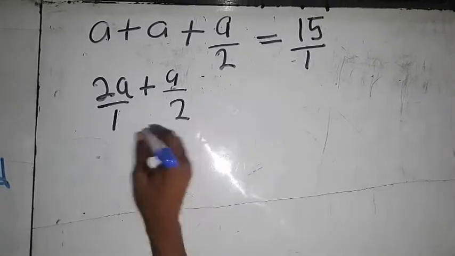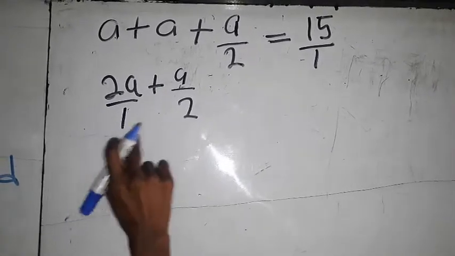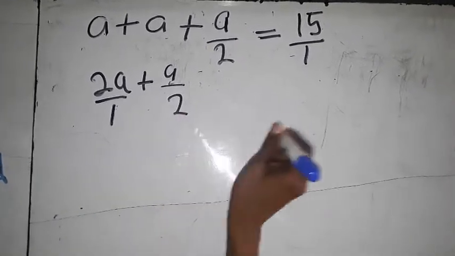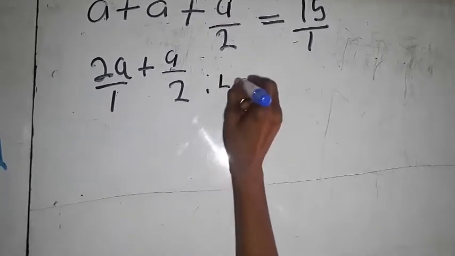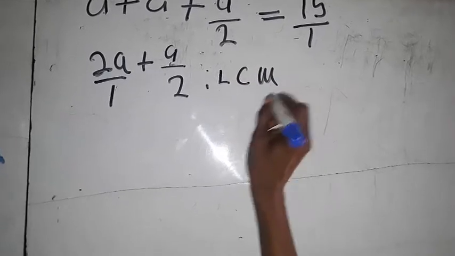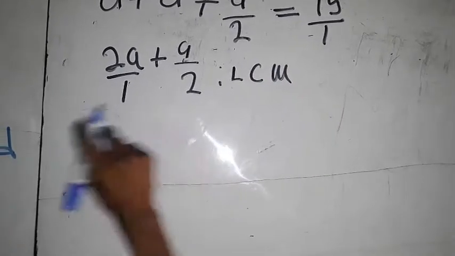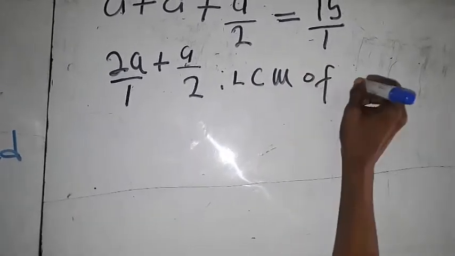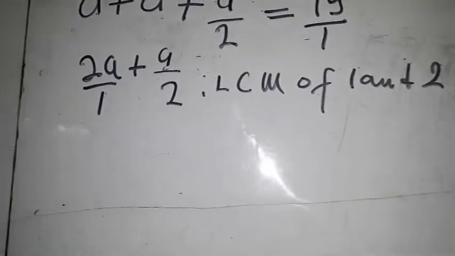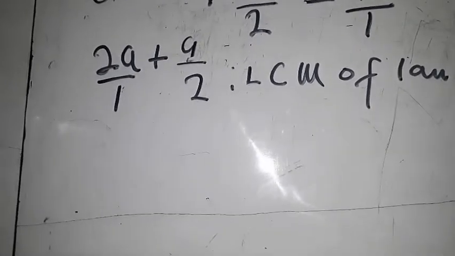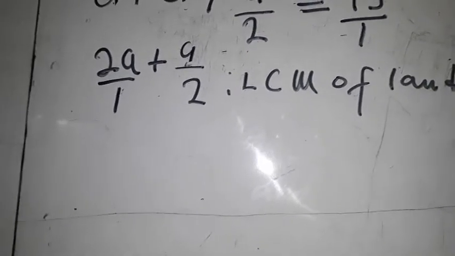Find the LCM of 1 and 2. So let me put here so that you know there is an LCM there, which you are going to find of 1 and 2. That is what we are saying. Finding the LCM of 1 and 2.